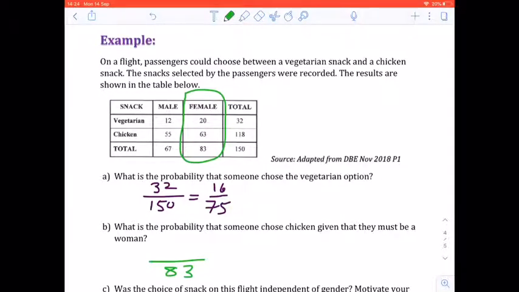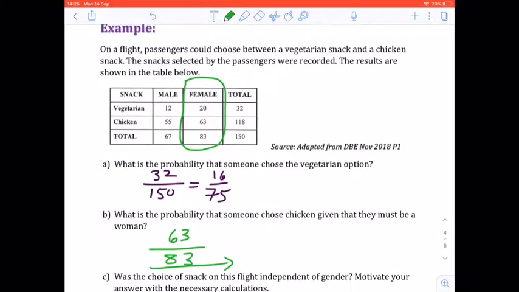And then within that we look at how many women chose chicken, which is 63. So it's 63 over 83, which is in its simplest form, and that's the answer. So when you get given that conditional probability, we have to isolate that they must be a woman. So you isolate just the woman, and then you look within that category at which one they're looking for.